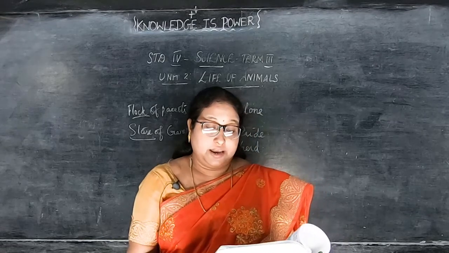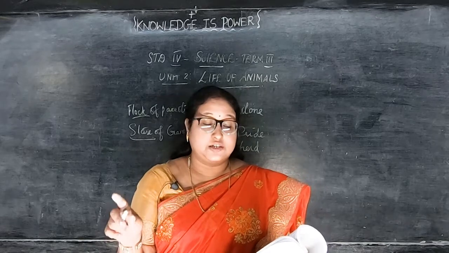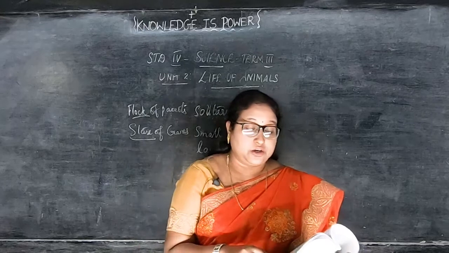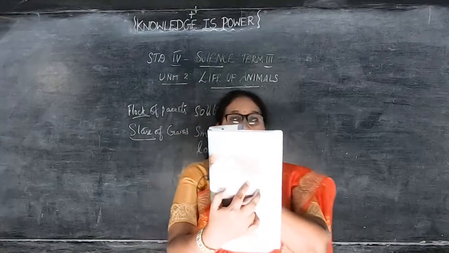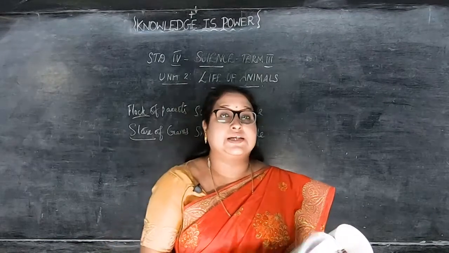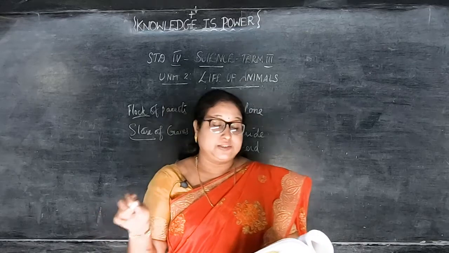Then the green heron cannot swim, but it still eats fish from the water. If you buy a book, you can see in the picture, it's a green heron. How does it eat? It drops colorful leaves and fruits into the water.